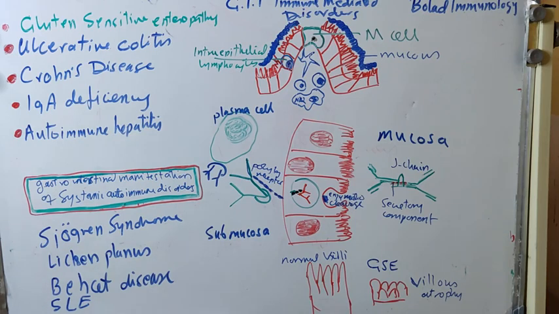Okay, now I am going to talk about autoimmune hepatitis, and it is due to attack of liver cells by the immune system, and this attack could be assisted by other factors, for example, genetic predisposition and environmental factor.